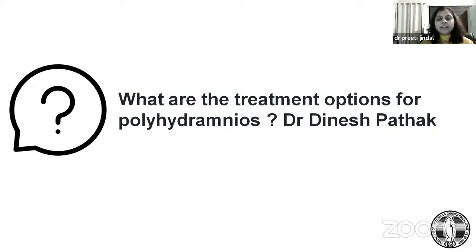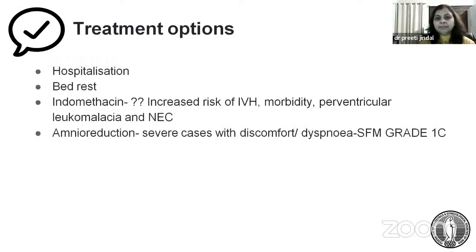Right. So, Dr. Dinesh, what are the treatment options available for polyhydramnios? If you can, briefly and quickly outline them. Whenever polyhydramnios is diagnosed, the patient should be hospitalized for proper monitoring, because we already know the complications, and she should be given proper bed rest so that she does not have the respiratory problems, which are very common with polyhydramnios.